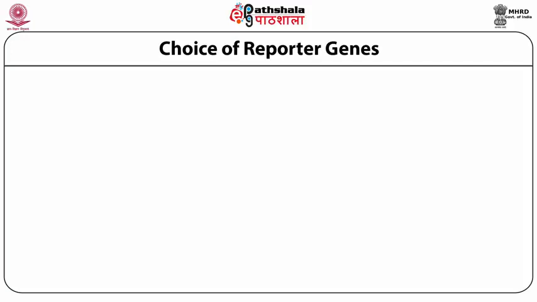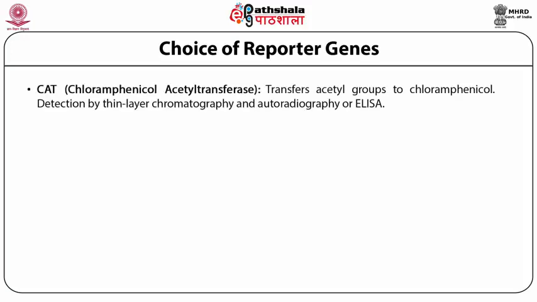Among the reporter genes, one of the most common ones, which was extensively used earlier, is CAT, chloramphenicol acetyltransferase. This enzyme transfers radioactive acetyl groups to chloramphenicol, thereby making chloramphenicol ineffective in killing plant cells.